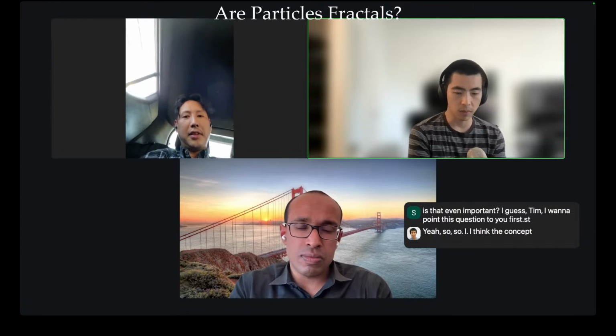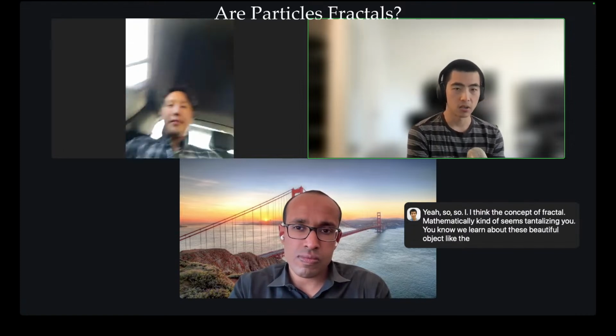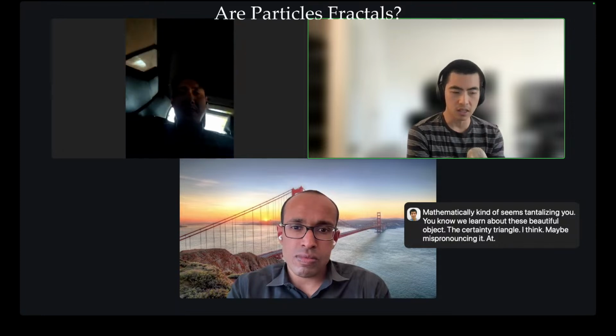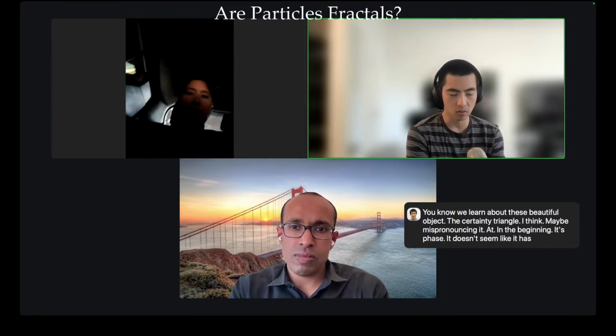Yeah. So I think the concept of fractal mathematically seems tantalizing. We learn about these beautiful objects like the Mandelbrot set, the Sierpinski triangle, I think maybe mispronouncing it. At the beginning, at face value, it doesn't seem like it has anything to do with physics.